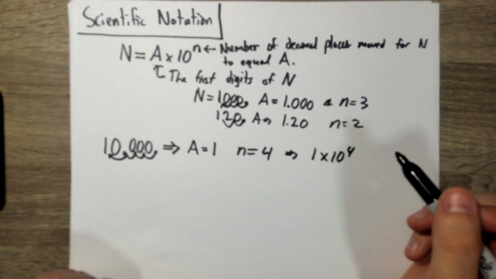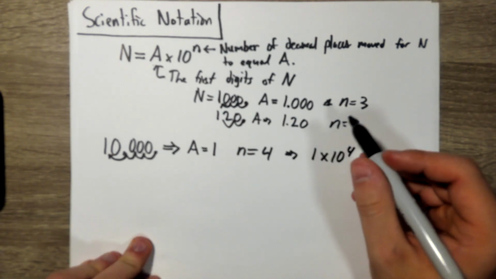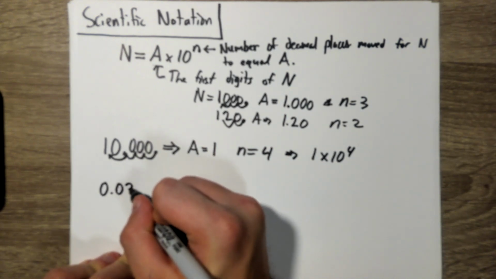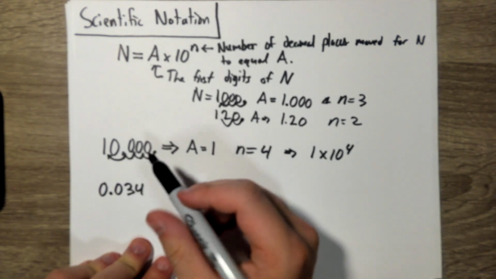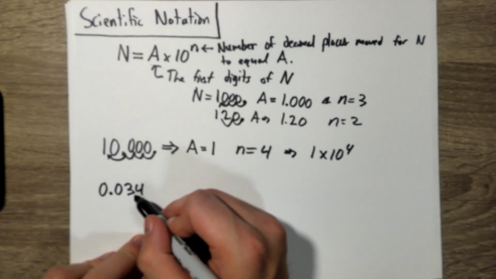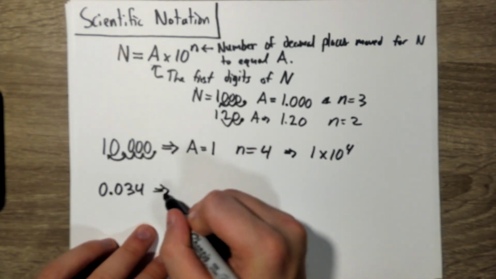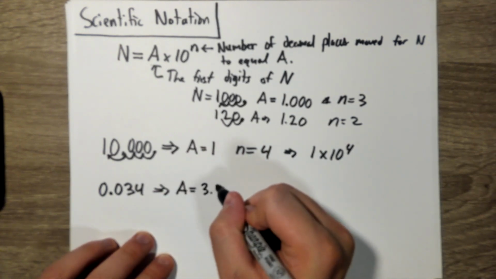So now let's do an example where we have a smaller number and the first number is not equal to 1. So say 0.034. So we've got zeros here, and we want the first non-zero number to be before the decimal. So A is equal to 3.4.